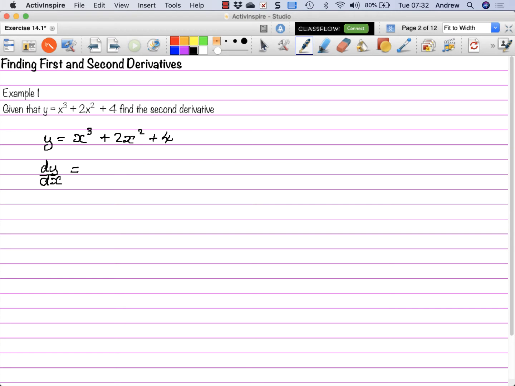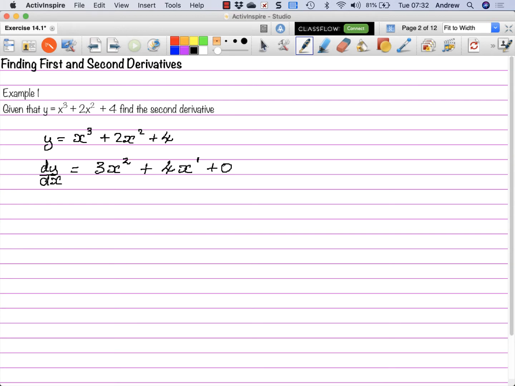When we differentiate a power, we multiply by the power and we put the power down 1. We multiply by the power, 2 2's are 4, and we put the power down 1. And when we differentiate a constant, it is equal to 0. We're now going to differentiate for the second time.